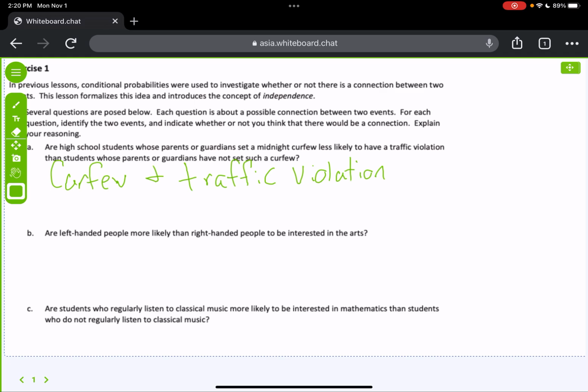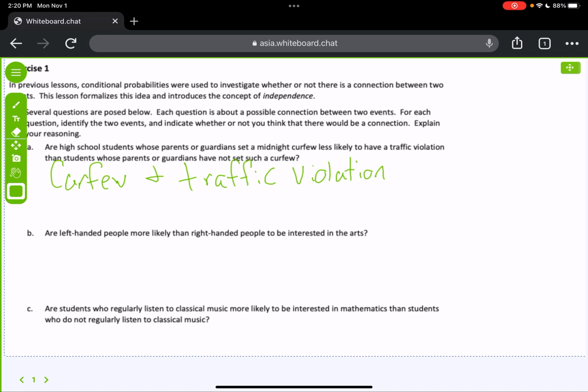Well, you could say students that have curfews at 12 o'clock or at midnight may rush home or speed to meet the curfew. Therefore, they would get tickets, possibly. Or you could say, no, that they are less likely because they have stricter parents that are going to be watching out whether they're speeding, all that type of stuff.